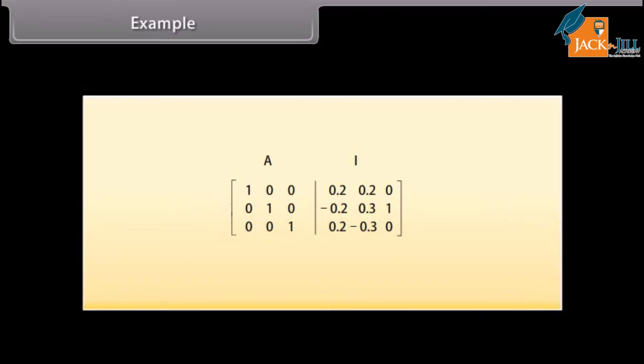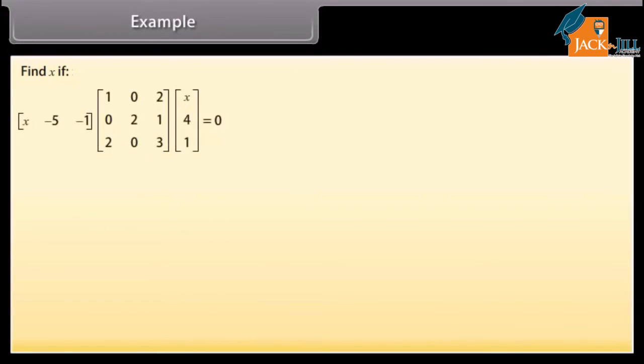Example. Find x. If the matrix [x, -5, -1] multiplied by the matrix with rows [1, 0, 2], [0, 2, 1], [2, 0, 3] multiplied by the matrix with rows [x], [4], [1] is equal to 0.